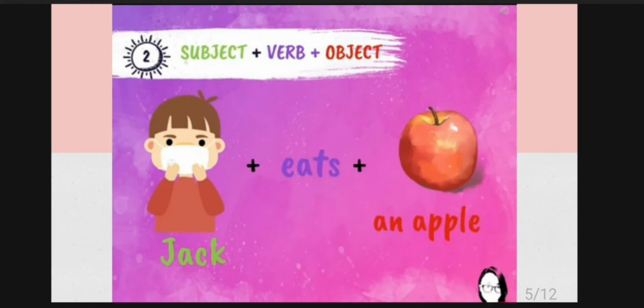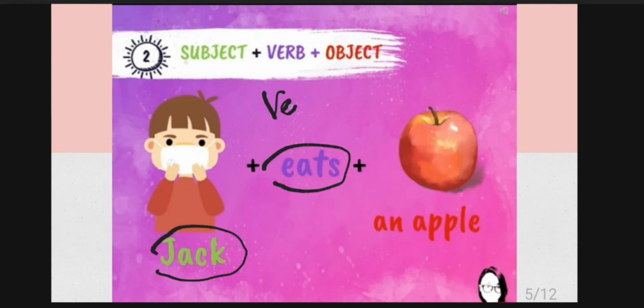Okay, next up is subject, verb, object. If you remember, I think it was the first lesson. I think I did mention about the robot, and I did mention about the object. So this is how you put in object in your sentence. We have here subject is Jack, eats is the verb, and apple here will be your object.